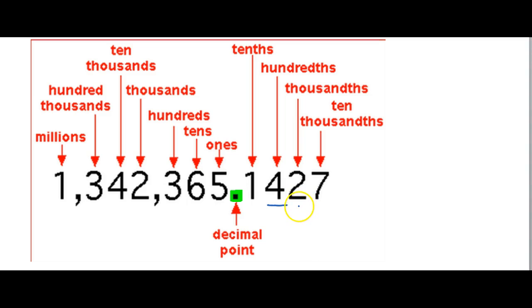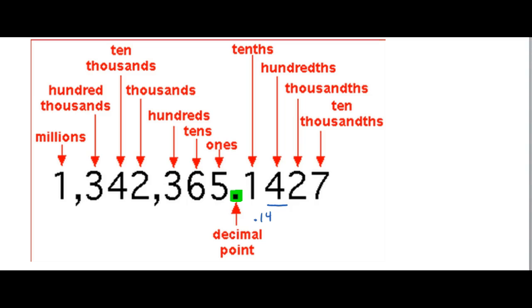If it's a 0, 1, 2, 3, or 4, I keep this 4 the same. If it's 5, 6, 7, 8, or 9, I add 1 to the 4. Since the number to the right of the 4 is 2, which is less than 5, I would keep this number the same, so I would round it to 0.14.